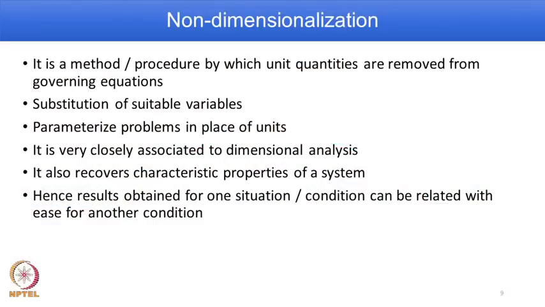This reduces the number of parameters in the problem, and by this procedure we can also identify characteristic properties of the system, which means a particular scale exists in a flow, either a velocity scale, length scale or time scale. You can identify the corresponding scale by non-dimensionalization, and that scale information is very helpful either to control or manipulate the flow, or to design a system based on that scale.